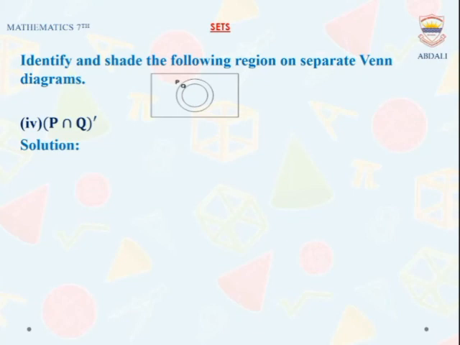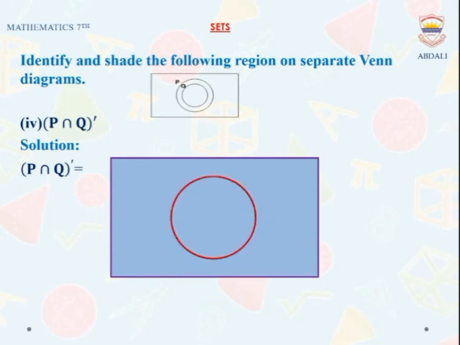So here (P intersection Q) complement will contain all the region of the universal set except that arrow region, except that region which is common. So we will write our question, and now we will shade all the part except our Q set. All the other part will be in the complement of P intersection Q.